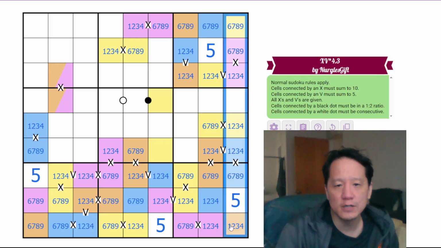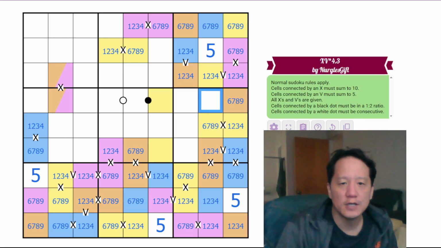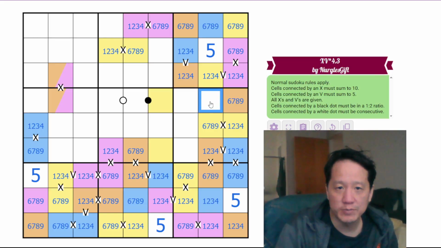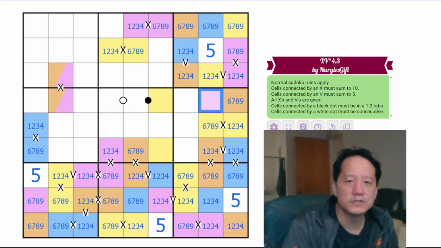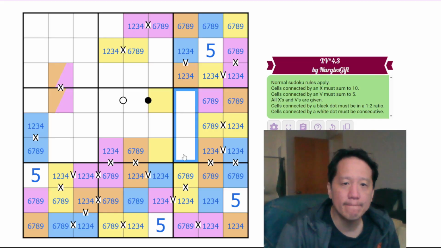Remaining digits. In column 9, what are we missing? A high orange. So this is high orange. In column 8, what are we missing? We're missing a high pink. So this is high pink. What are we missing in column 7?